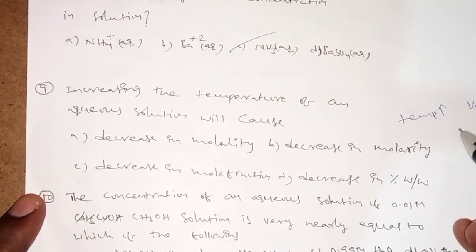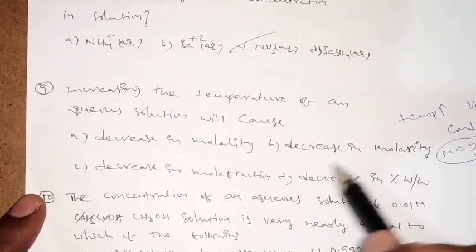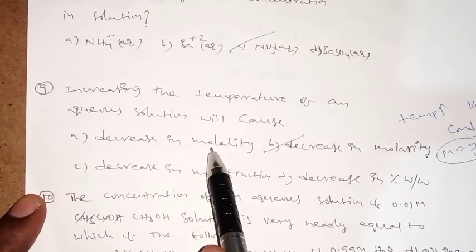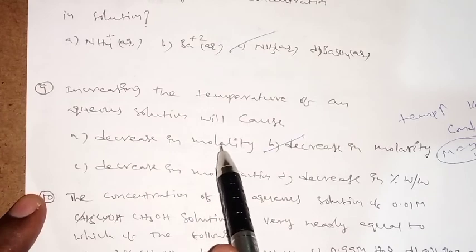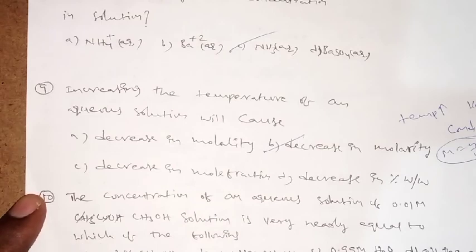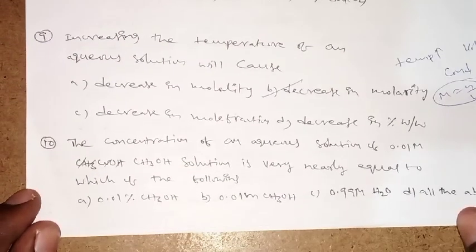If volume increases, concentration automatically decreases because M equals n by V. So the one being affected is molarity. Molality is not affected because molality is expressed in terms of mass, and mass does not vary with temperature. Is it clear?